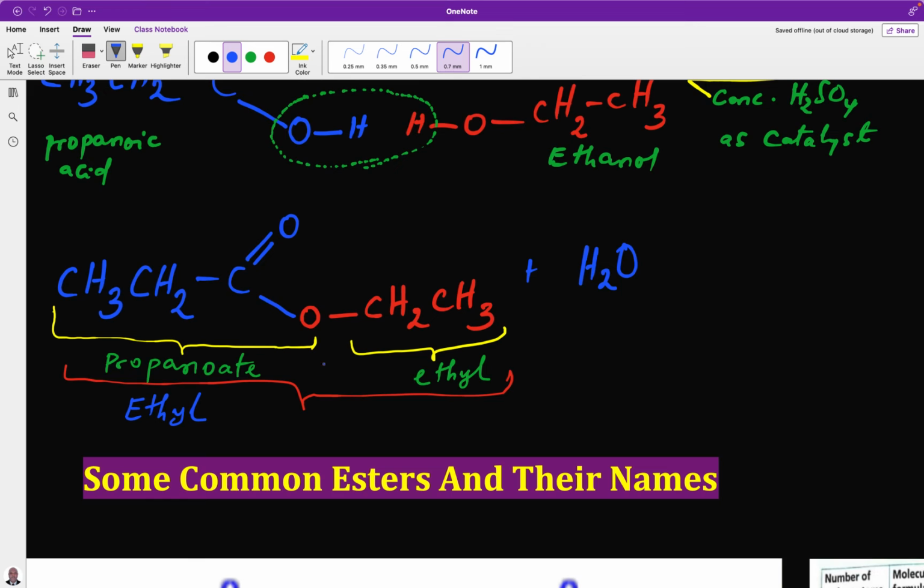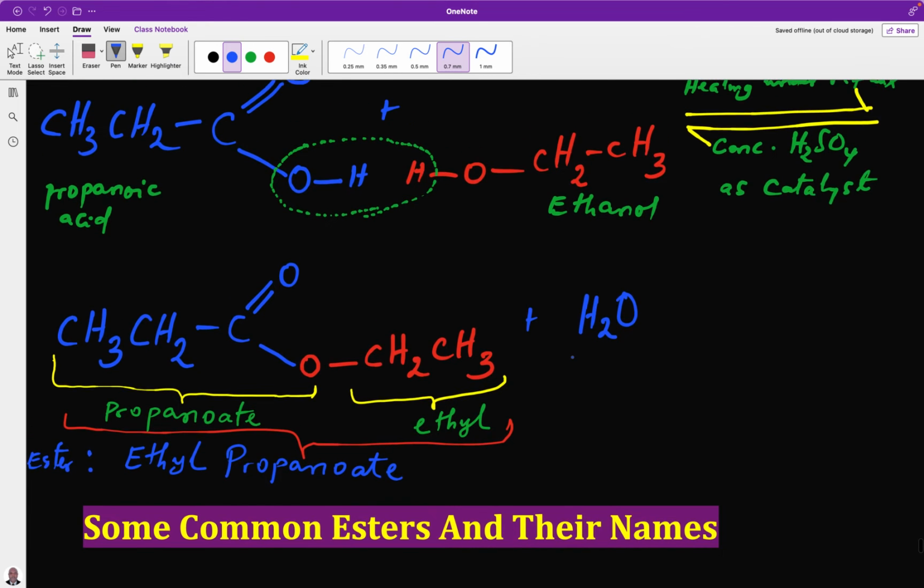The second part is propanoate, with three carbon atoms. This is the name of the ester that is formed: ethyl propanoate.